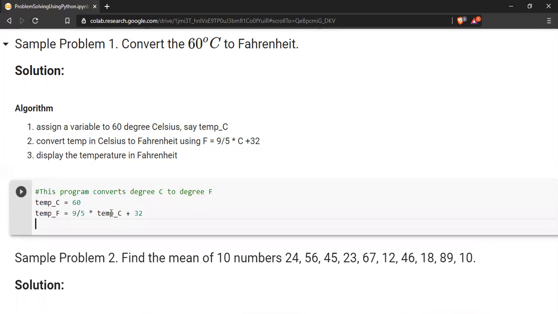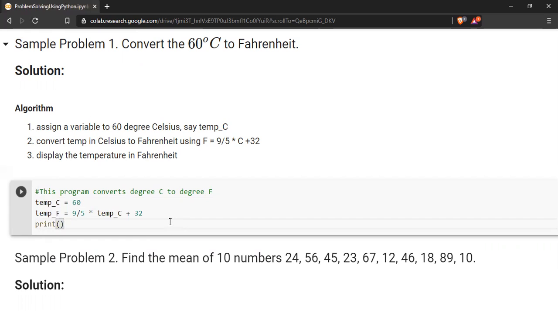So that's how you create your formula. So this line assigns a variable temp C equal to 60. This line converts the degrees Celsius to degrees Fahrenheit. And the next line will be used to display the value of the temperature in Fahrenheit.